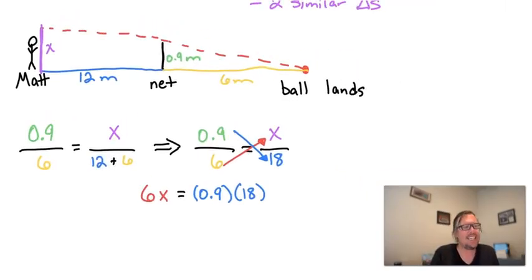My goal here is to get the x by itself. So that means we need to next use the division property of equality and divide by 6. So let's go ahead and do that. Divided by 6, divided by 6. And so this is the division property of equality.